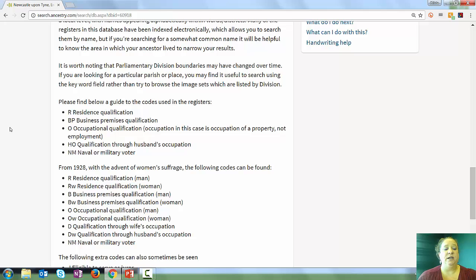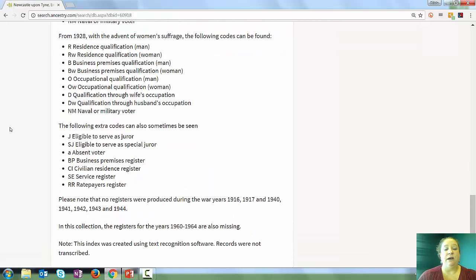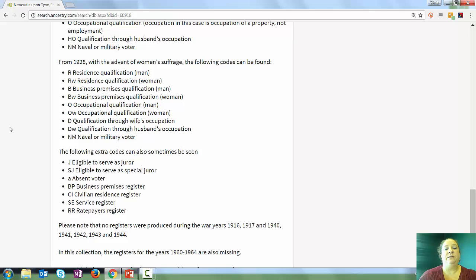So there is information about military service, there is information about businesses and occupations, there is information about other qualifications for voting. In the case of women's suffrage, there is some additional information from 1928 on.